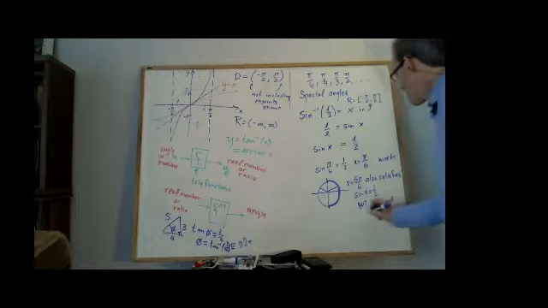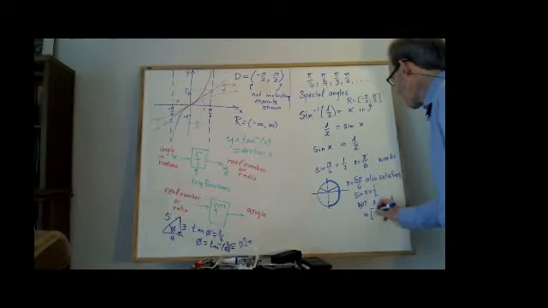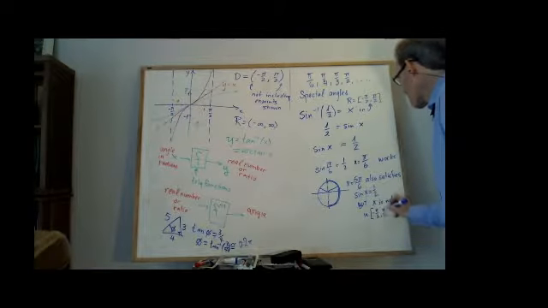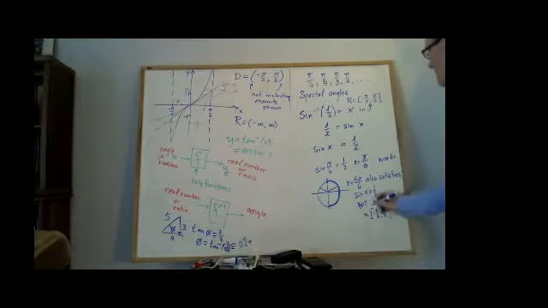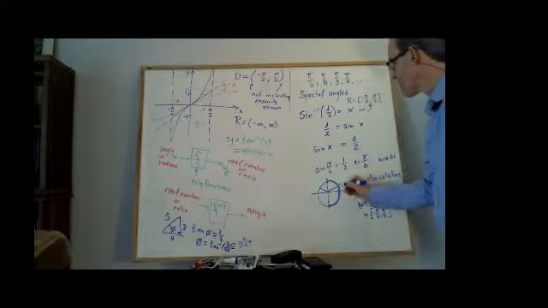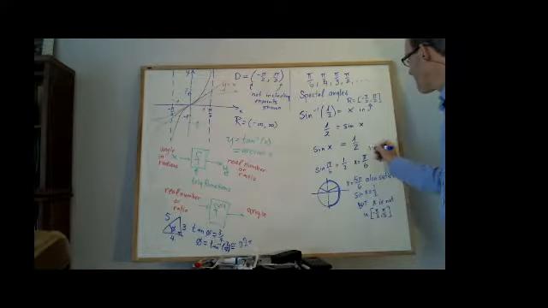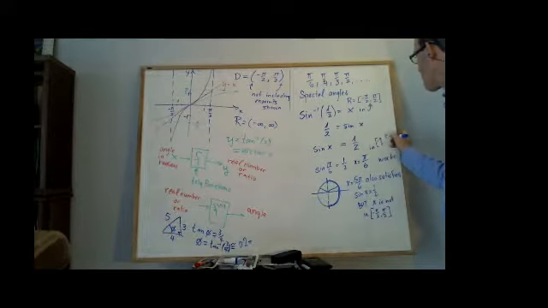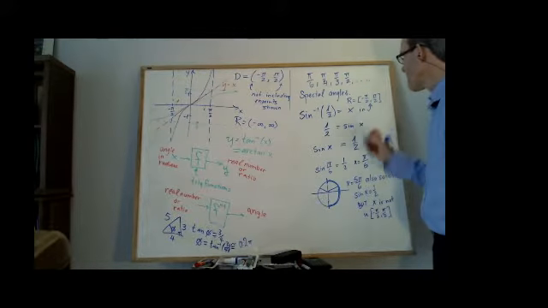X is not in that interval. So we don't include that. Neither is any other x outside other than this one here. So this is the only one in this interval, and so that's the answer. That's the answer to this original question.